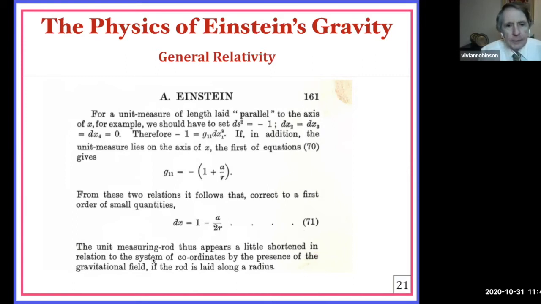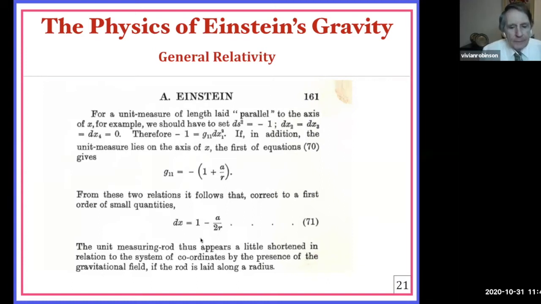The unit measuring rod thus appears a little shortened in relation to the system of coordinates by the presence of the gravitational field. The gravitational field increases the length of the coordinates by alpha over 2r, which is indeed z, as I had shown you earlier.